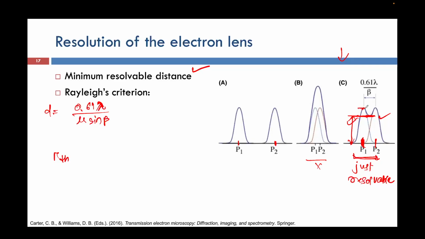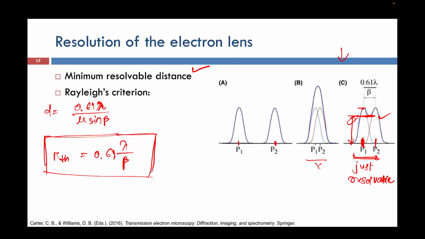And finally, this should be the radius of this Airy disk if you see it from the top. This is a side view. If you see it from the top, then it will appear as two Airy disks, and this kind of thing will be there.